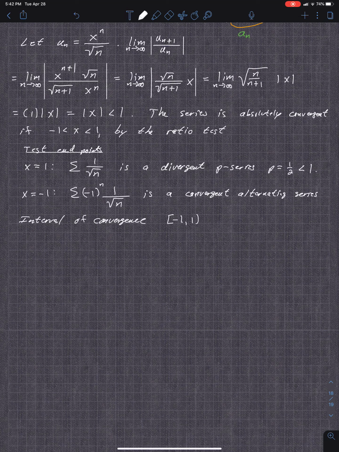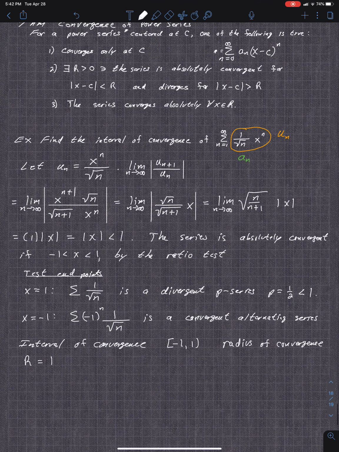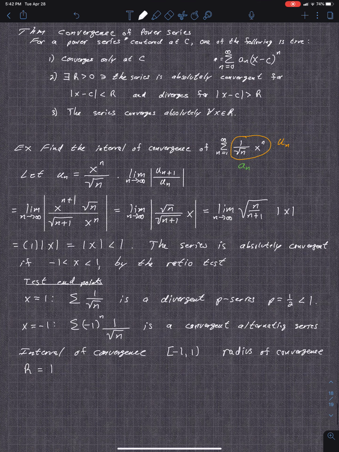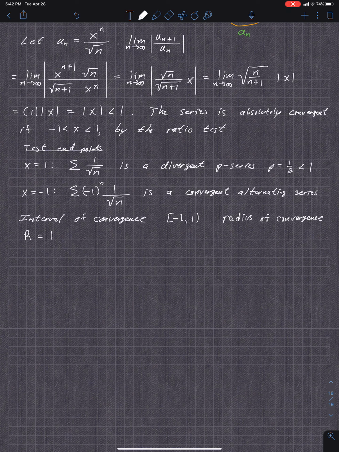So that's the interval of convergence, and the radius of convergence, you usually indicate that with an R. R is 1. So the radius of convergence is 1. So that's kind of going back to that theorem. Okay. Let's do the next one.